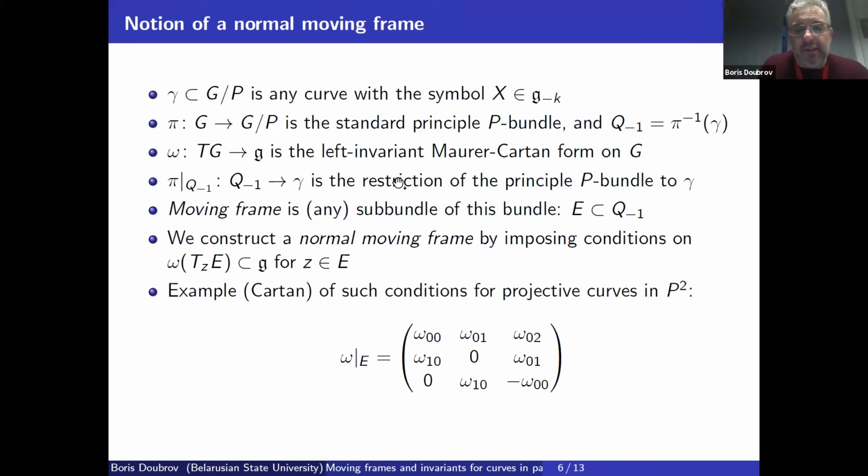And I recall the example we had for projective curves. For projective curves, we were able to find a canonical moving frame such that omega would belong to this 4-dimensional subspace in the 8-dimensional Lie algebra SL3. And I recall that out of these 4 forms, 3 of them correspond to the symmetry algebra of the flat curve, which is a conic in this case.